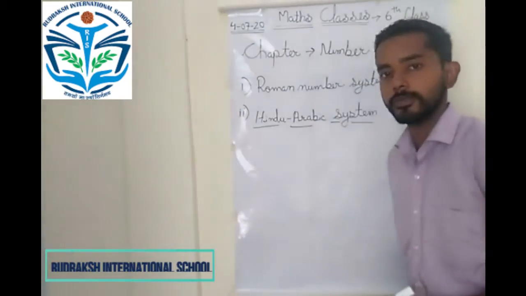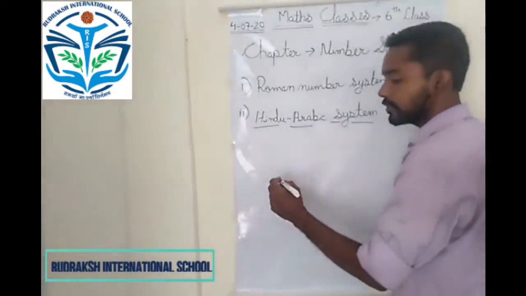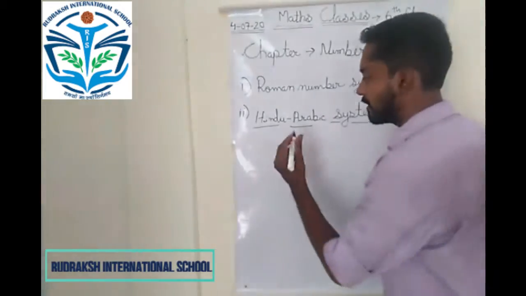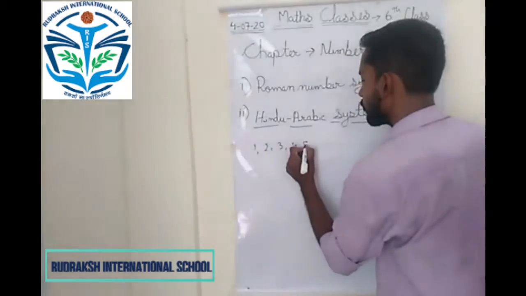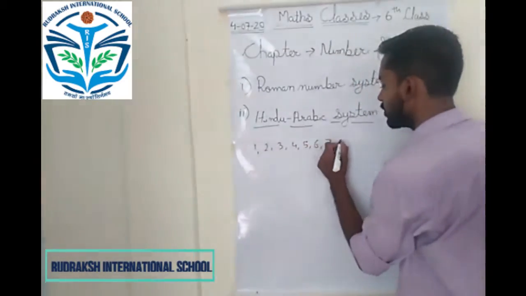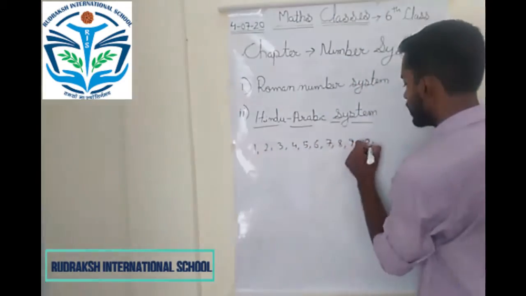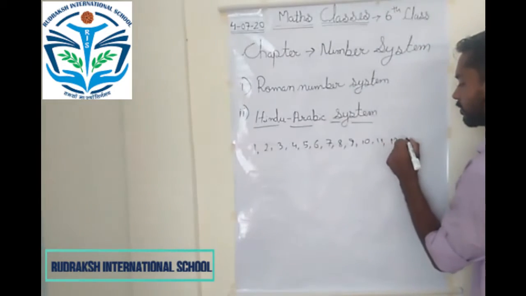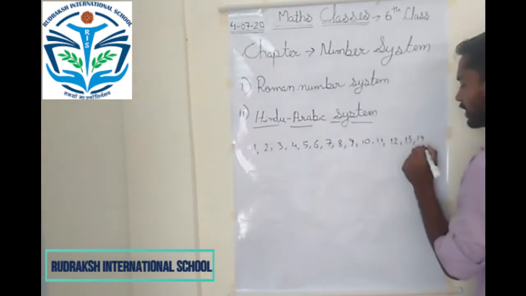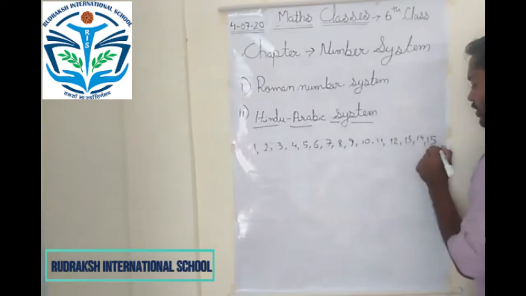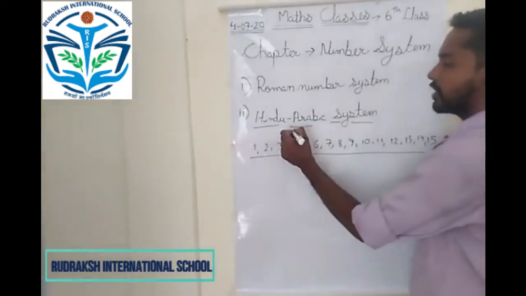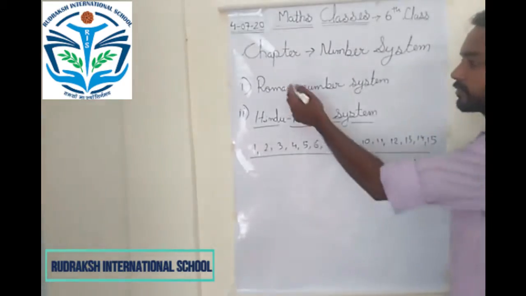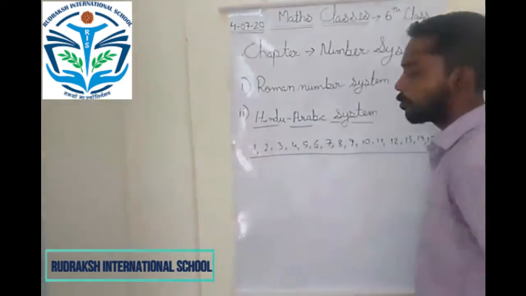So in the Hindu-Arabic system, we use the numbers which we conventionally use always, that is 1, 2, 3, 4, 5, 6, 7, 8, 9, 10, 11, 12, 13, 14, 15, and continuously. These numbers are known as the Hindu-Arabic system, and the first I have told you was the Roman number system.